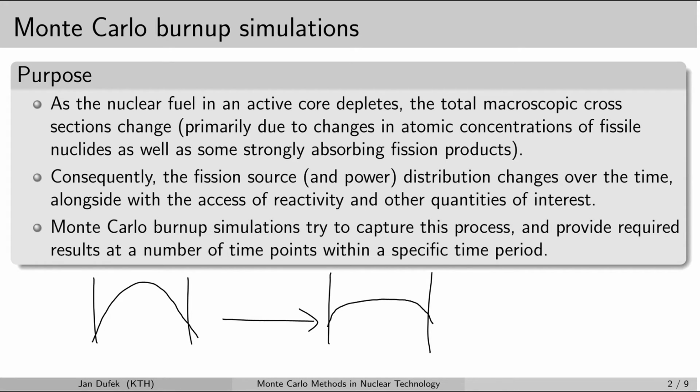So we want to calculate the evolution of the power distribution, the fission source distribution, the excess of reactivity, and all other possible results that we want to know over the whole time period.